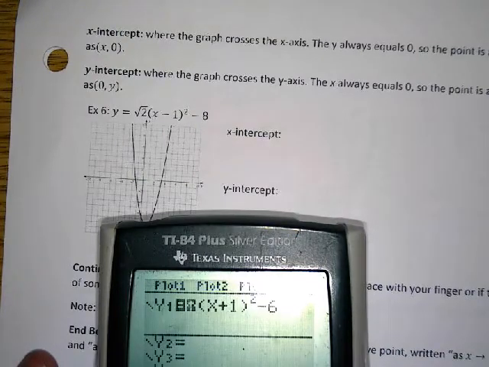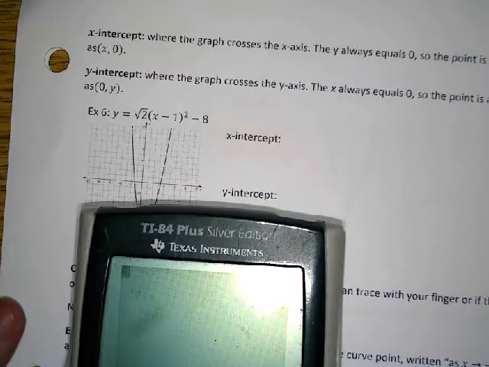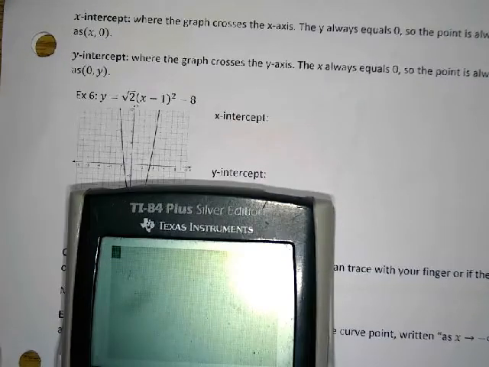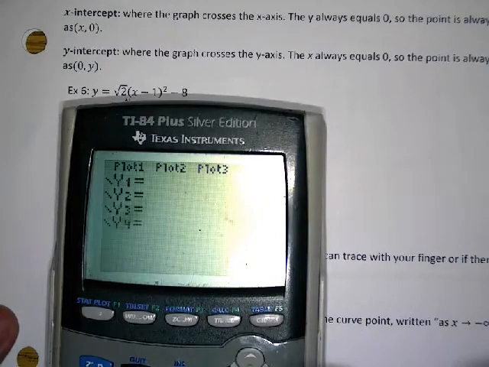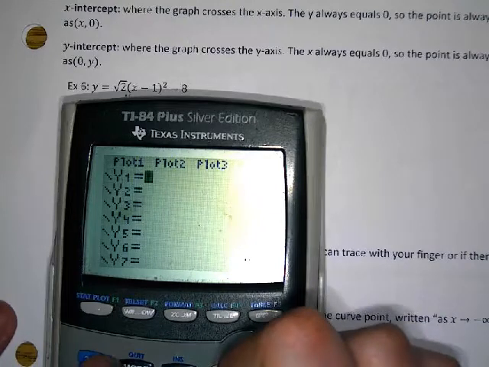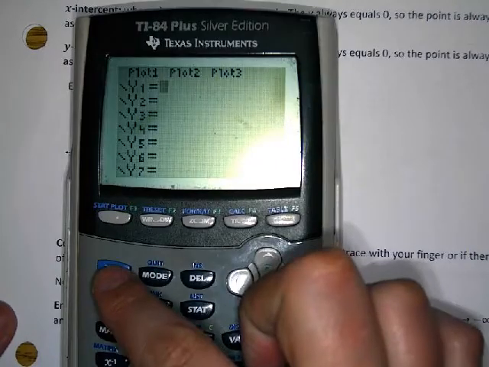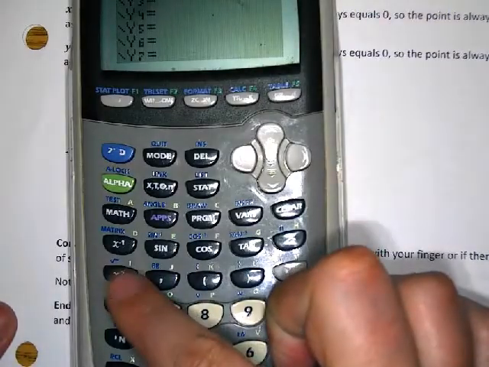Just going to clear my calculator first. So I have to type in the function. I'm going to press the y equals button. And I have to graph the square root of 2. So I'm going to press the second button and then the x squared button, that's how I get a square root on my calculator.